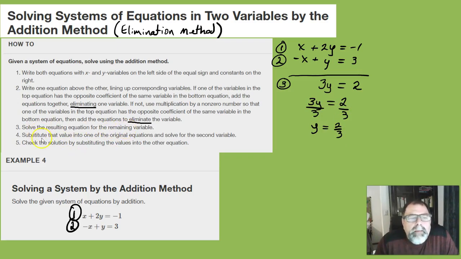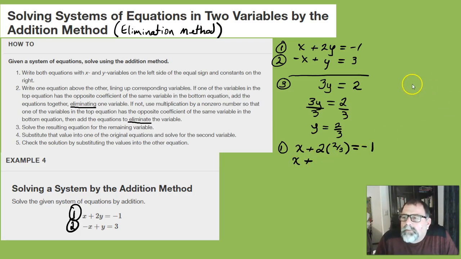Now we're going to use the substitution method and substitute that value into one of the original equations to solve for the second variable. So I'm going to take equation 1 or 2. Let's take equation 1. So we get x plus 2y. Take the y out, put in the 2/3, equals negative 1. And then solve it for x.